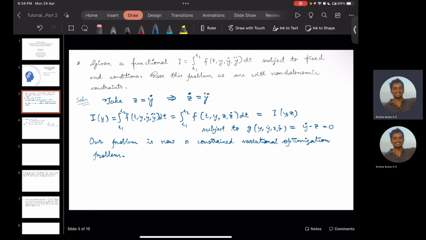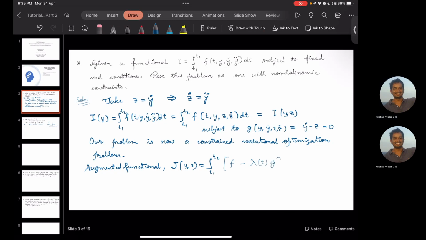So let's construct an augmented integrand of the functional, or rather an augmented functional, given by some J of y comma z, equal to the integral from t1 to t2 of f minus lambda of t into g, over t.